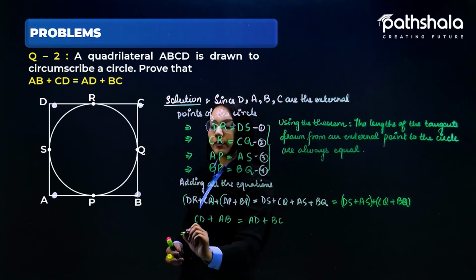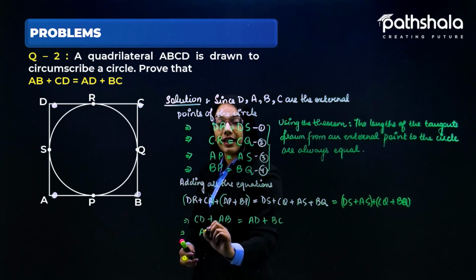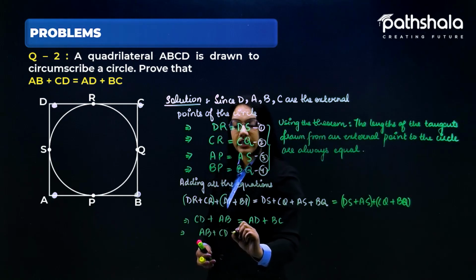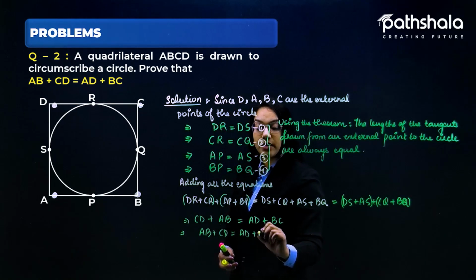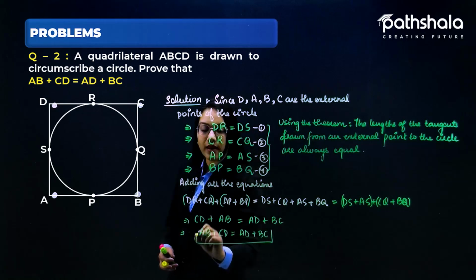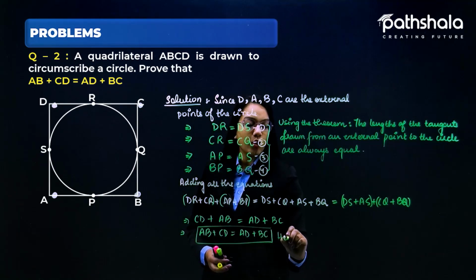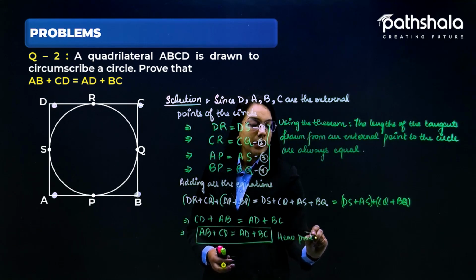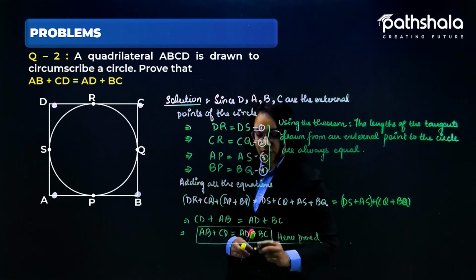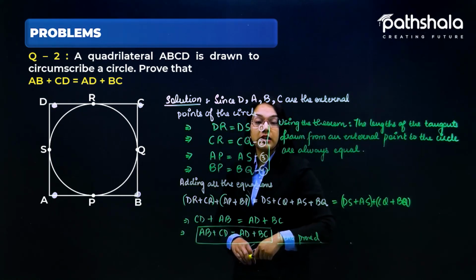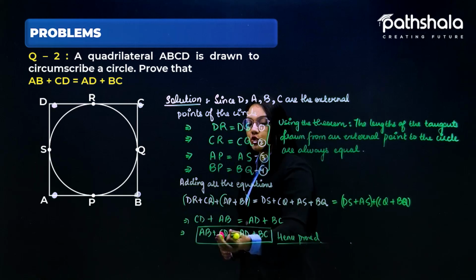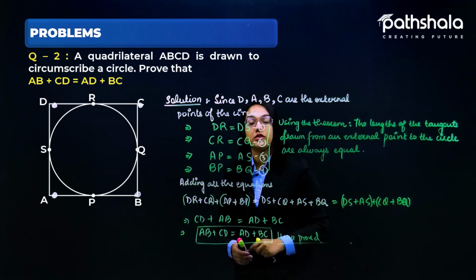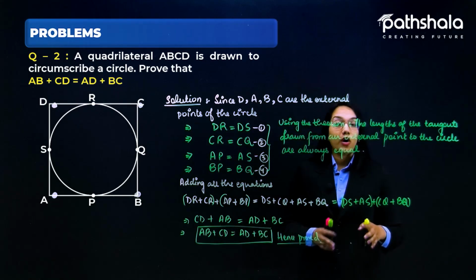So at the end, we can say that AB plus CD is equal to AD plus BC. This is what we wanted to prove: in this quadrilateral circumscribing a circle, these sums of opposite sides are equal to each other. So this is the proof of question number 2.